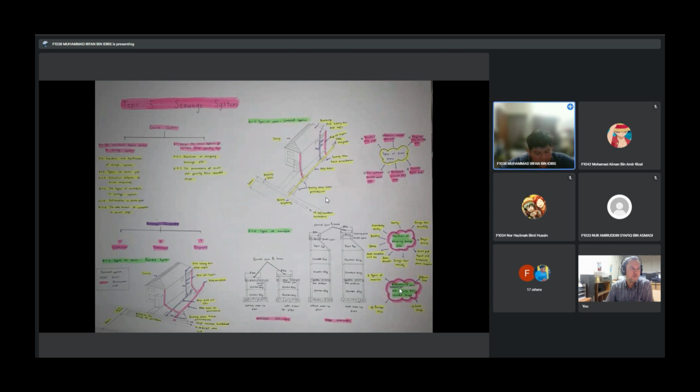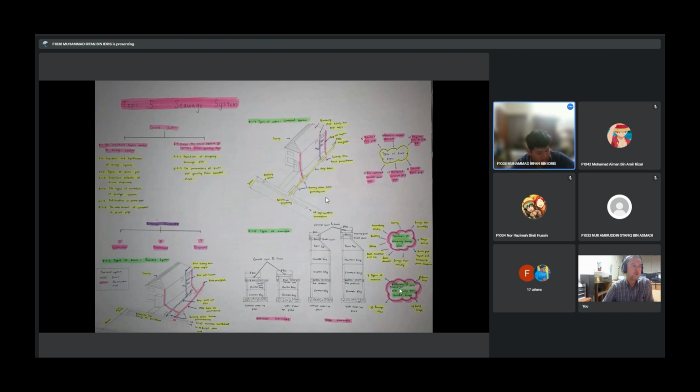The next one, design the sewer system of rounded shape gravity flow. There are two things: procedure of designing sewage pipe and the parameters of sewage pipe gravity flow rounded shape. So there are three things for the sewage treatment. The first is collection, the second is treatment, and the third one is disposal.